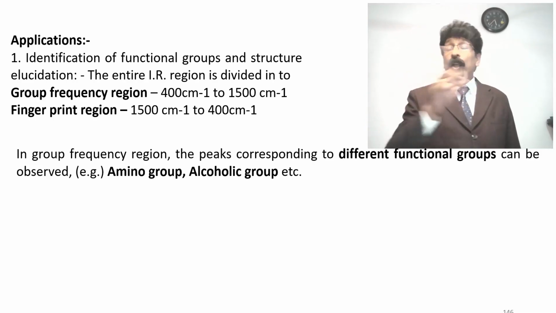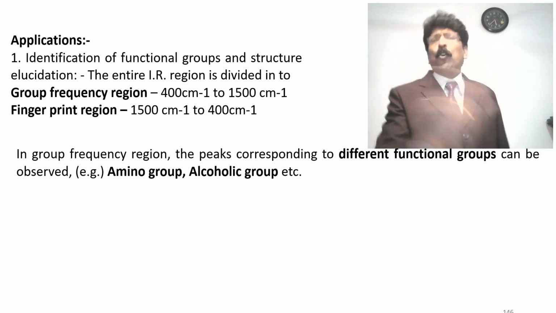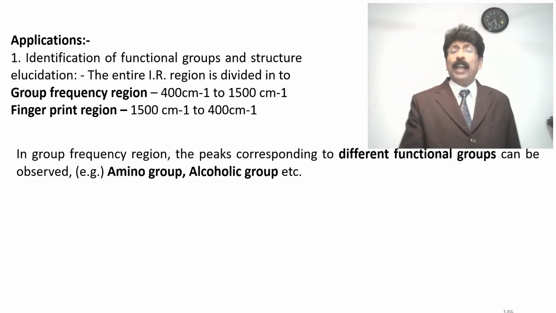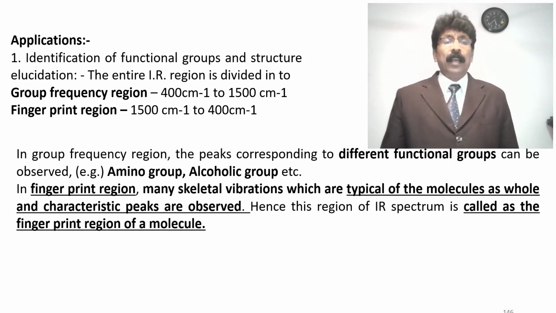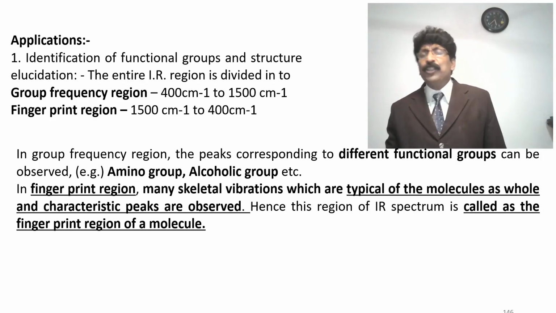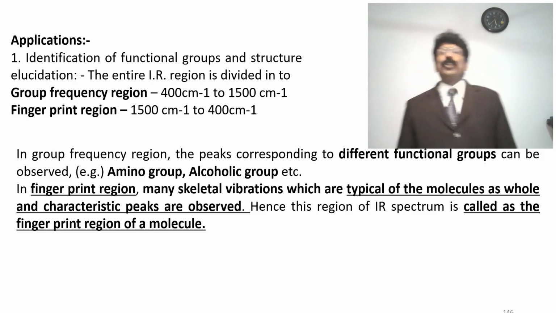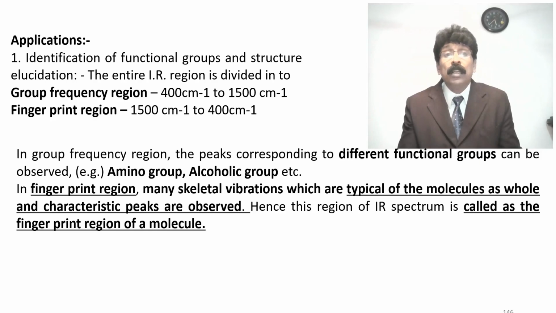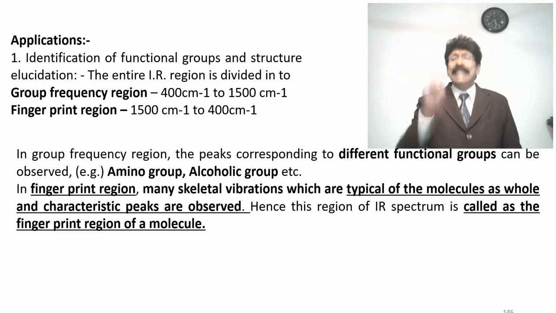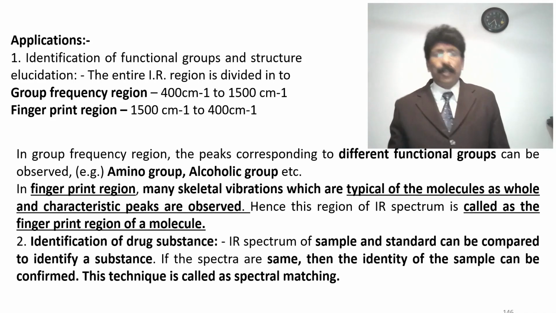In the group frequency region, the peaks corresponding to different functional groups can be observed, for example amino group, alcoholic group, etc. In the fingerprint region, many skeletal variations which are typical for the molecule as a whole and characteristic peaks are observed. Hence, this region of the IR spectrum is called the fingerprint region of a molecule.